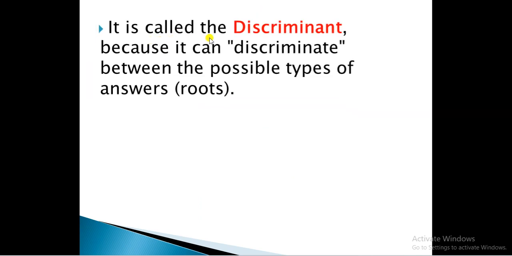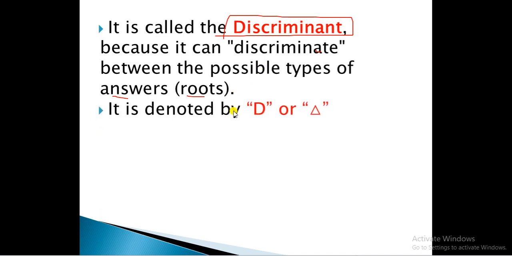Now let us see why it is called discriminant. As the word clearly indicates, discriminant means discriminate or distinguish. So it is called discriminant because it can distinguish between the possible types of answers. Answers means roots here. So whichever different types of roots we are getting, it is able to discriminate between them.